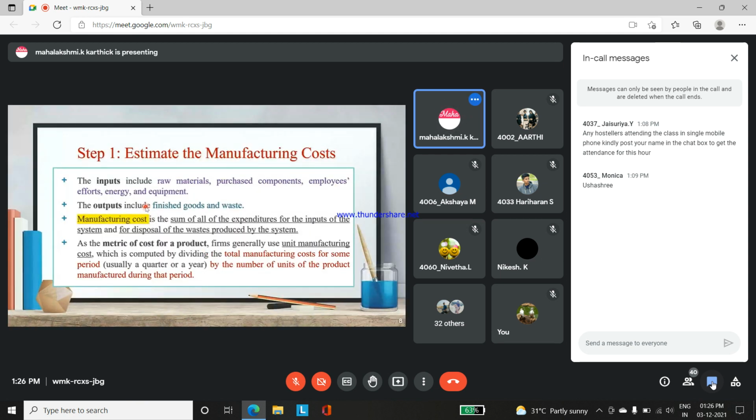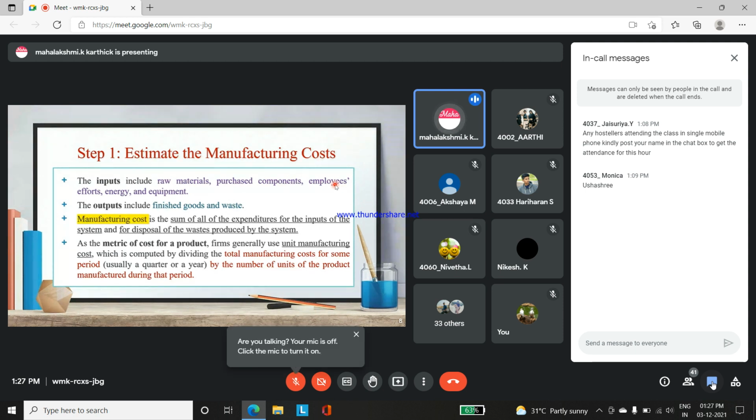Step 1. What is our main focus? Estimate the manufacturing cost. As you all know, for building a product, what are all the inputs needed? After utilizing those inputs, obviously you'll get an output. What type of output do you get? So what are the inputs needed to build the product? You need raw material, you need purchased components, you need an employee, manual labor to put in effort to build the product.